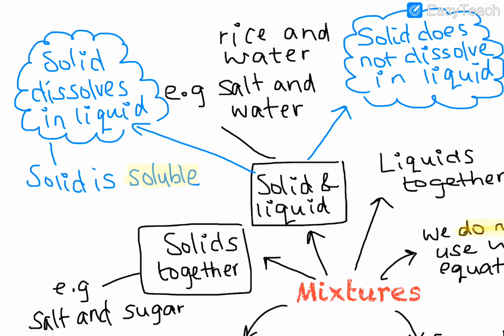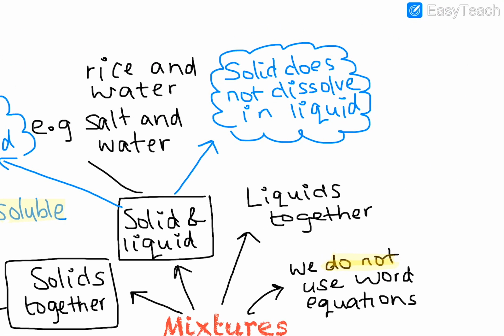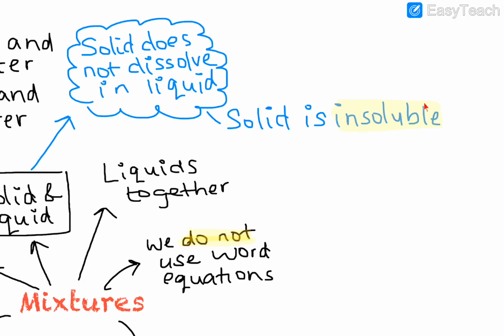It could be any liquid, like alcohol or acetone. When a solid does not dissolve in the liquid, the solid is said to be insoluble. So you have a very important term. Something that is insoluble means that it does not dissolve in that liquid.